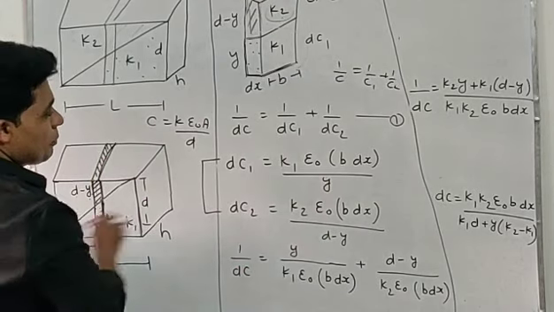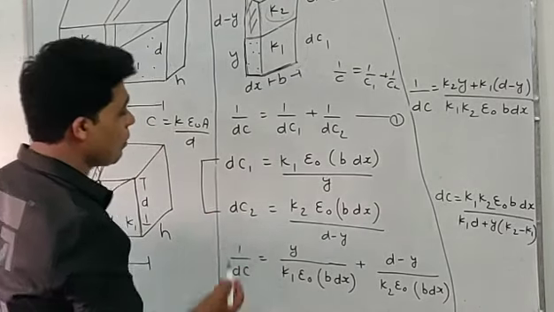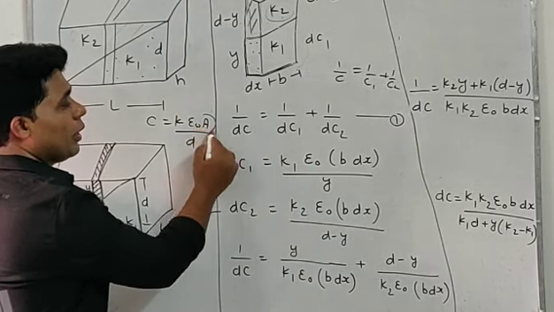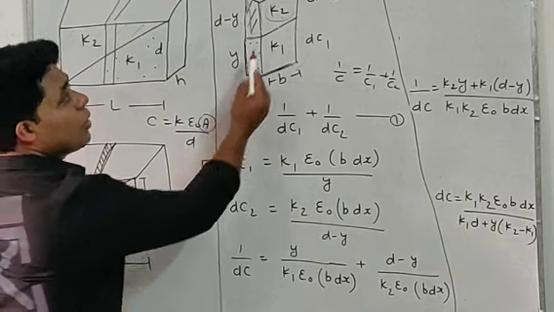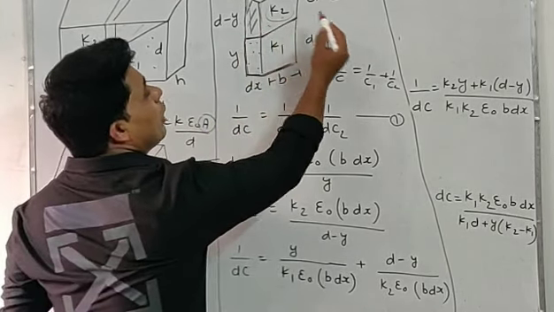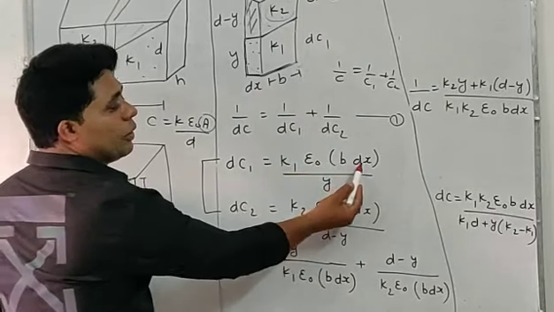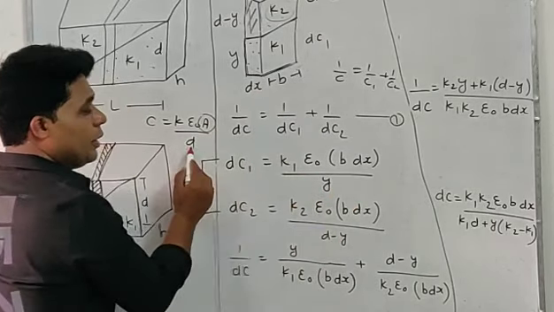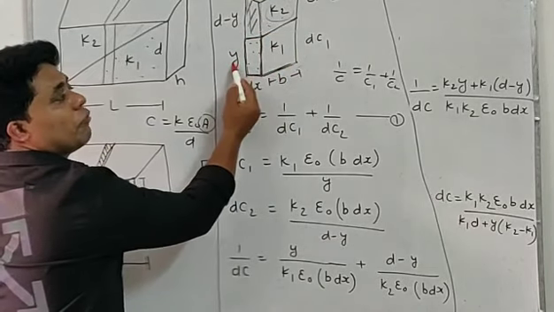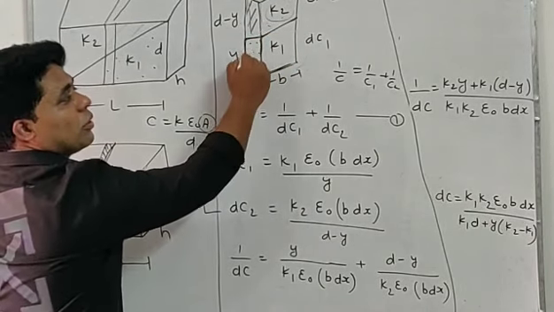So look students, what should dC1 be? K1 epsilon naught times area. How can we get the area of this portion? Width into length, dx into b, and d is the depth. For the first medium, the depth is y.